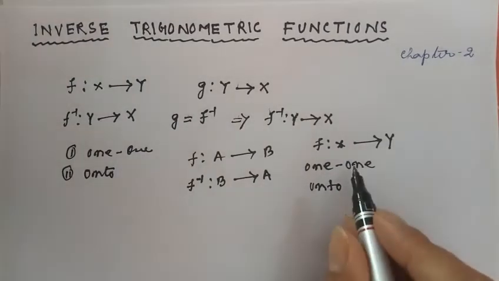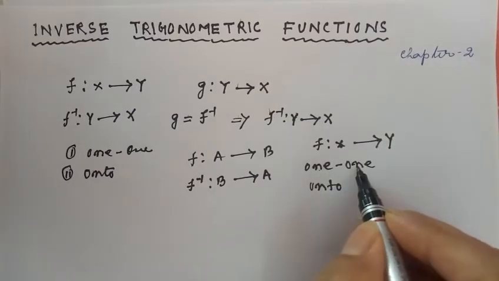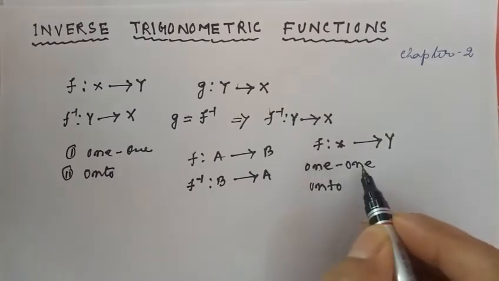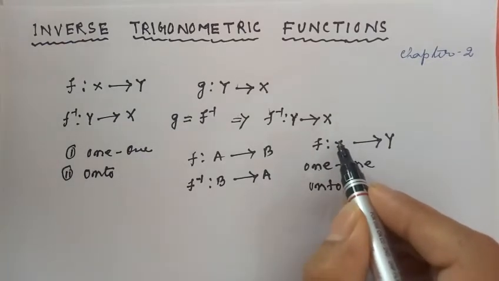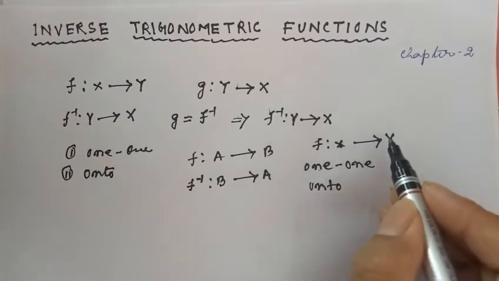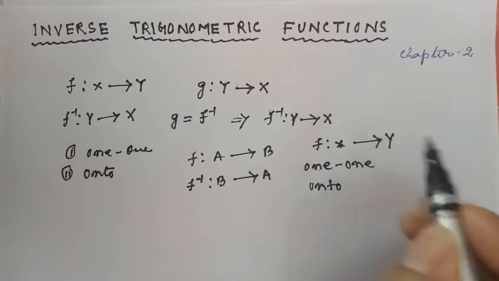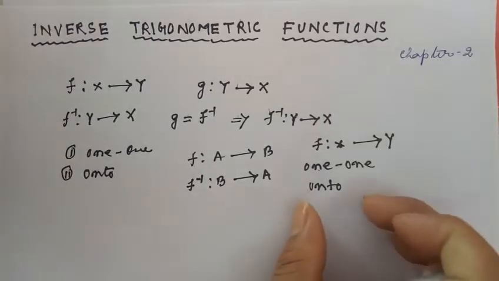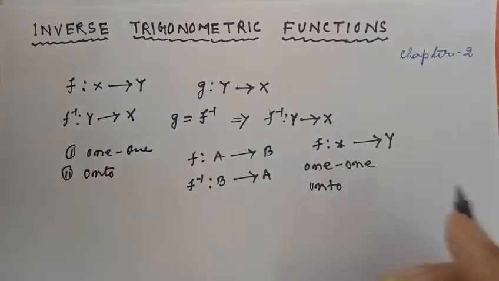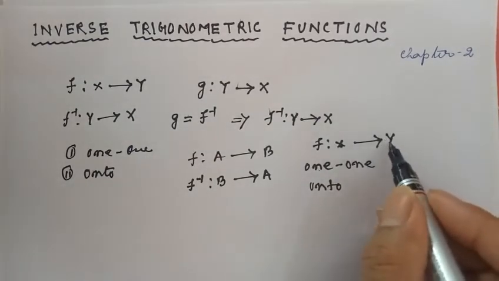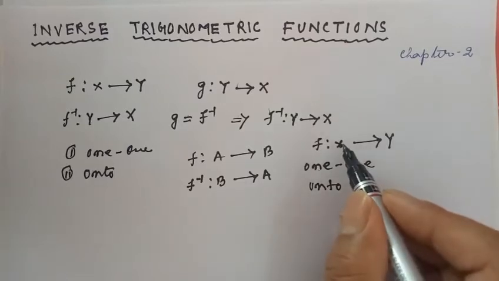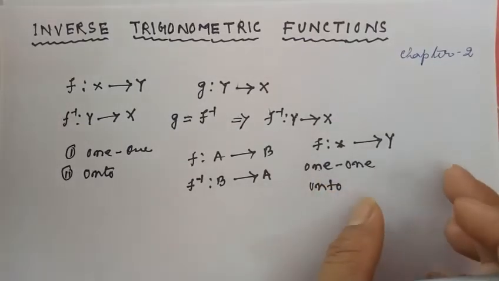Once again, for onto, all the elements of set y have pre-images in x, then we call it an onto function.